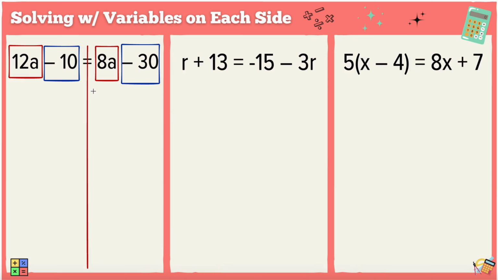We want to get rid of it. How do we get rid of 8a? Simple. Subtract 8a, but then we'll go to the other side and subtract 8a. Luckily for us, 8a minus 8a cancels out. And what we will have left is 4a minus 10 equals negative 30.